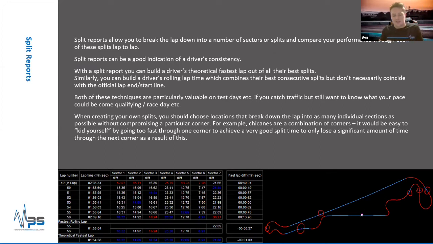I say the word segment because you have to be careful to pick segments of corners which can be classed as independent corners on their own. What I mean by that is, take a chicane, for example, Knickerbrook at Oulton Park. You've got a right, left, right.